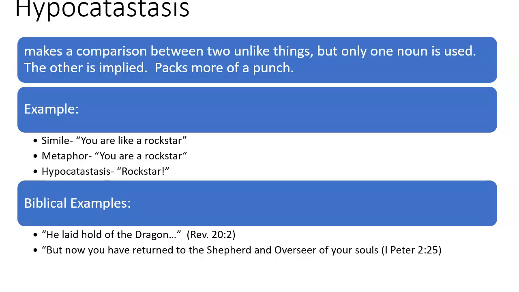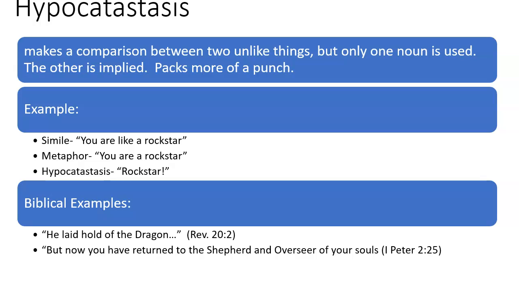We could see a couple of biblical examples with he laid hold of the dragon. Satan is not mentioned, but there is the comparison between the enemy of our souls and a literal dragon. And then we have the phrase where Jesus is described but not mentioned. He's simply referred to as the shepherd and overseer of our souls. Do you see that? So that's hypocatastasis.